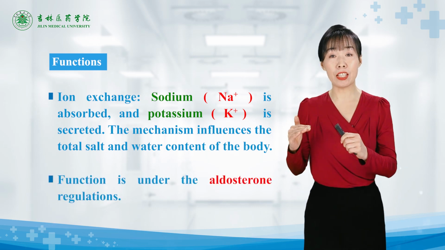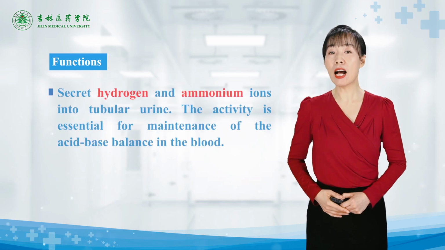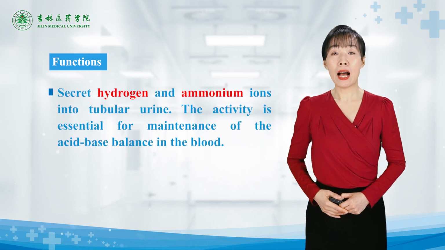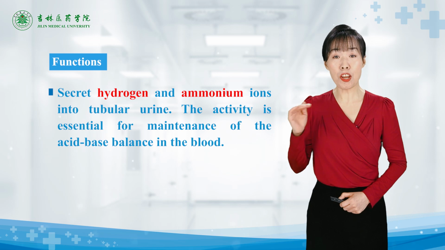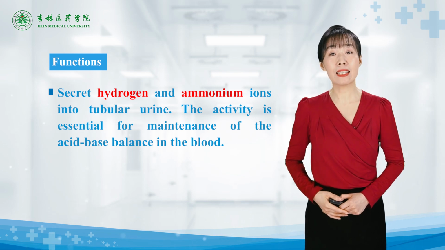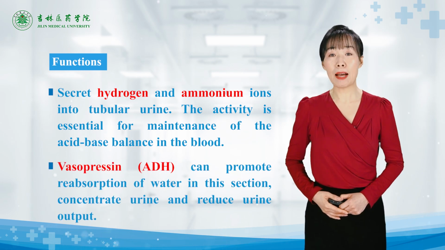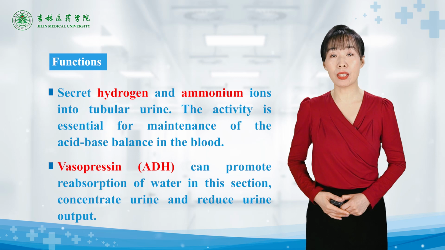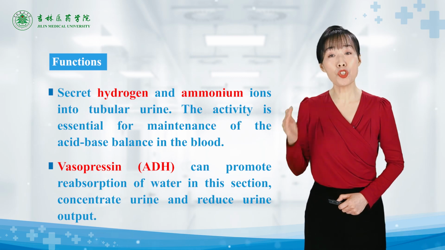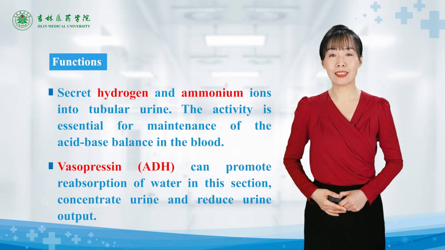Function is under the aldosterone regulation. It secretes hydrogen and ammonium ions into tubular urine. The activity is essential for maintenance of the acid-base balance in the blood. ADH can promote reabsorption of water in this section, concentrate urine, and reduce urine output.